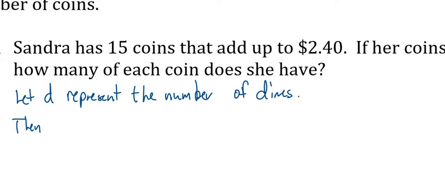So if the number of dimes was 4, it's 15 minus 4. If the number of dimes is D, then what is it? 15 minus D. Then 15 minus D is the number of quarters.